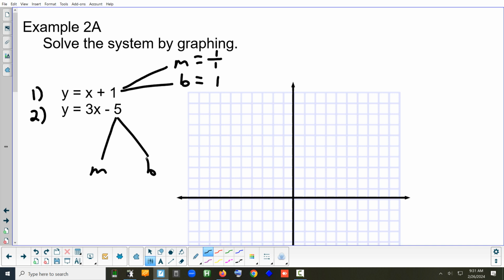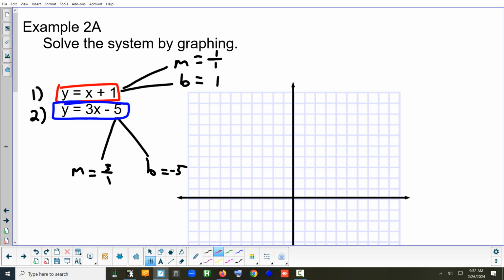What's the slope of number 2 as a fraction? 3 over 1. And the y-intercept is -5. Okay, I'm going to do this one in red, and the bottom one in blue.